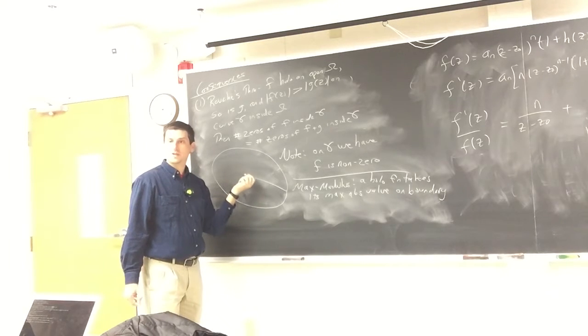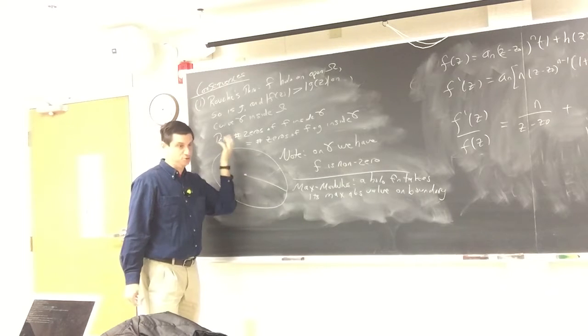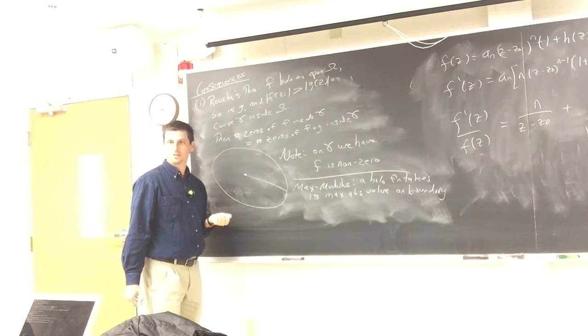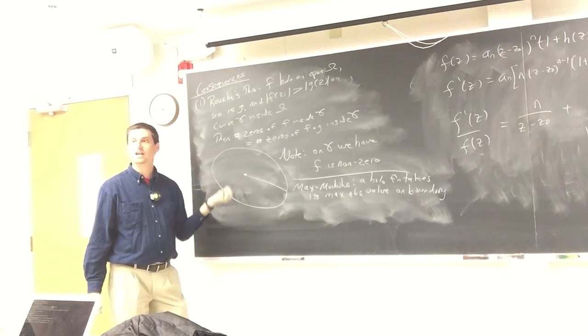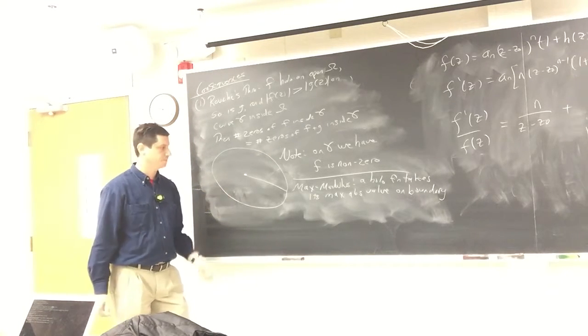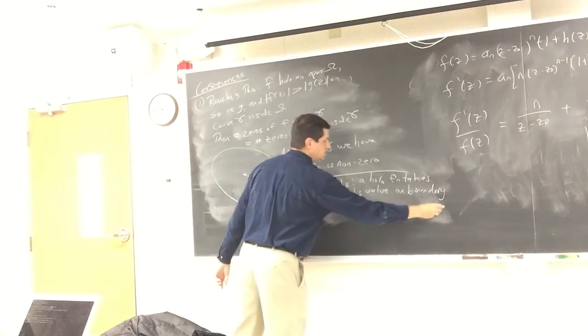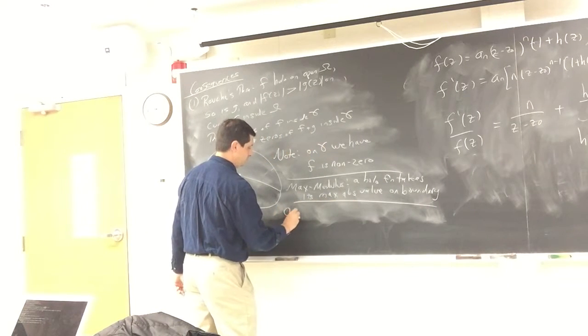Could it also have its largest value inside the boundary? Yes. The function could be identically constant. And it might be an interesting question, what would it mean if it takes its maximum value both inside and on the boundary?